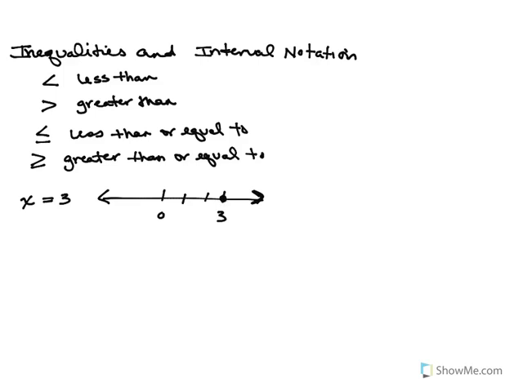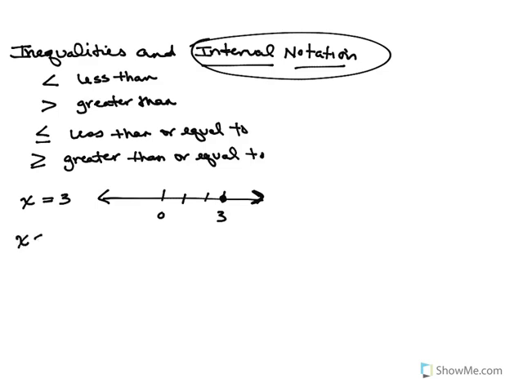It means x cannot be anything else on that number line because the x is equal to 3. So when we do inequalities, we are introduced to something called interval notation because we are going to create an interval that shows us the actual values that are represented by the inequality statement.